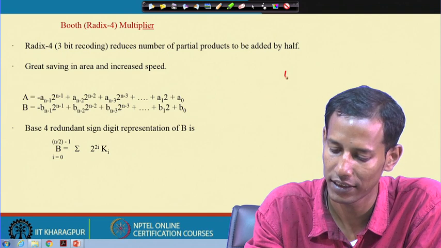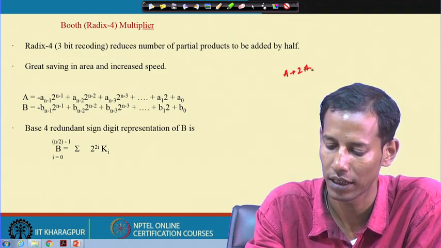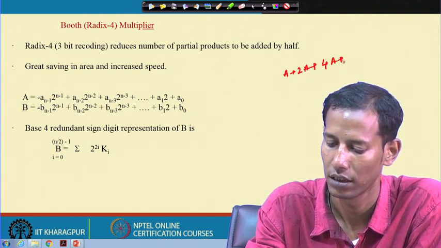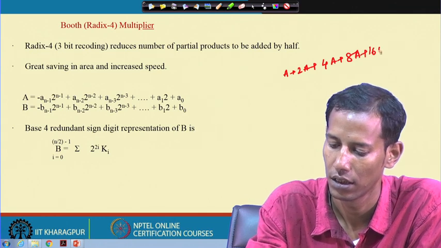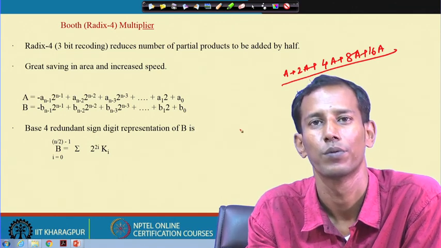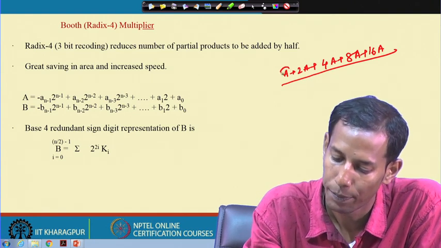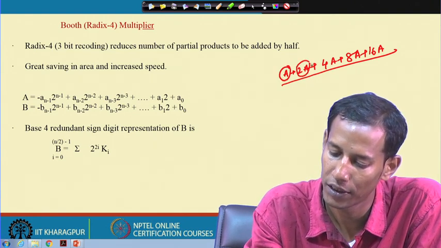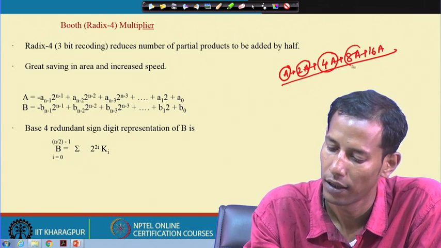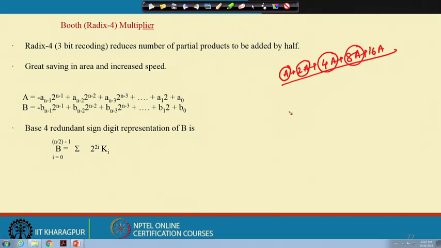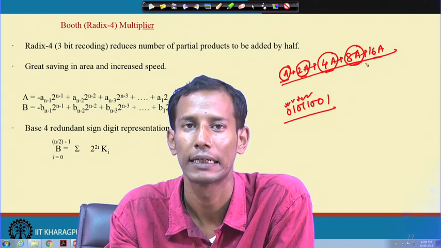That means what I said, that we basically add something like this, and based on the multiplicand's value, for each of these particular bit positions, I will select the corresponding value I need to add.